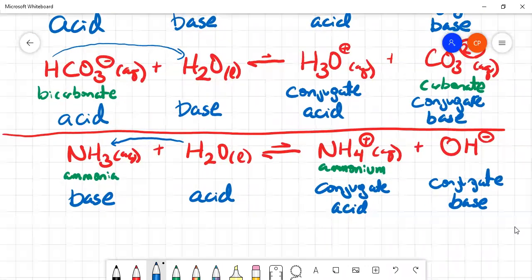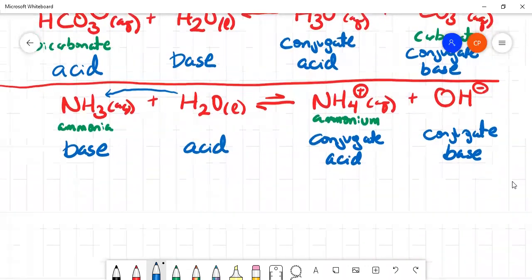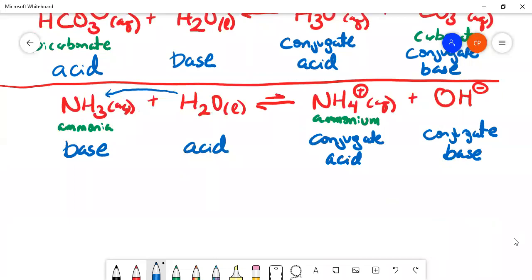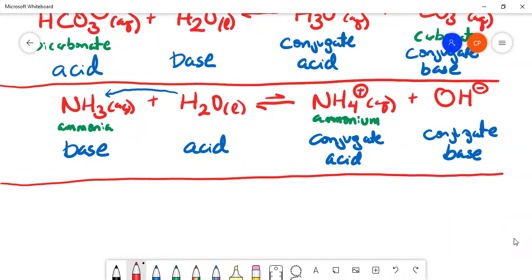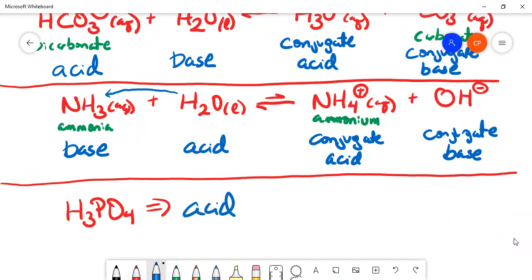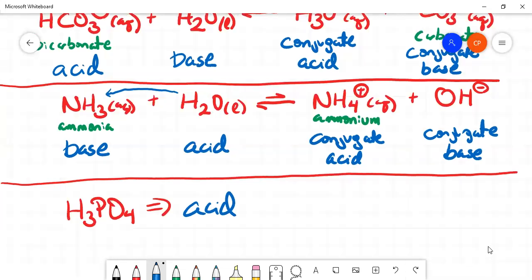One other very common example in these contexts is the phosphoric acid example. What is the conjugate base of H3PO4?